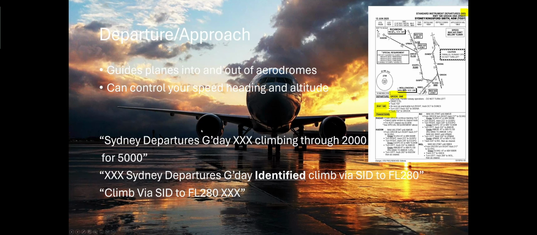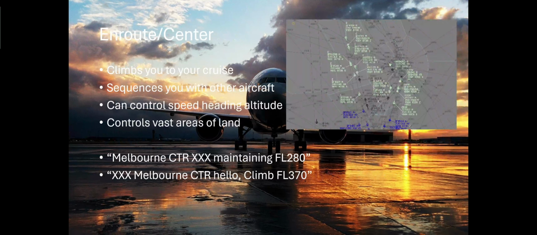It's different wherever you go. And another thing to note, identified. That means air traffic control can see you on the radar, and they know who you are. In America, I think they say radar contact. So it's a bit different in America, but it's the same everywhere else, I believe.